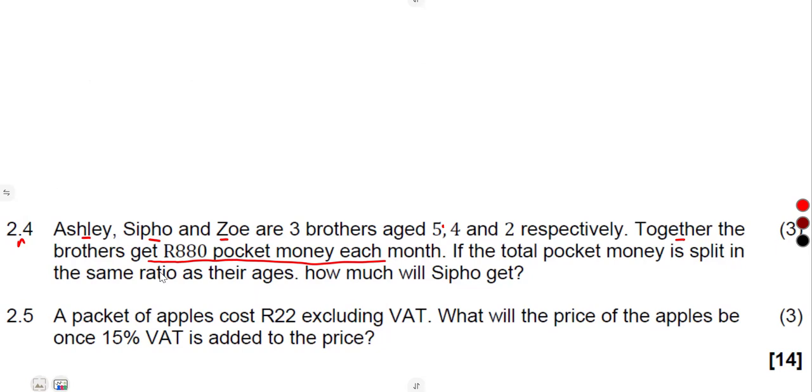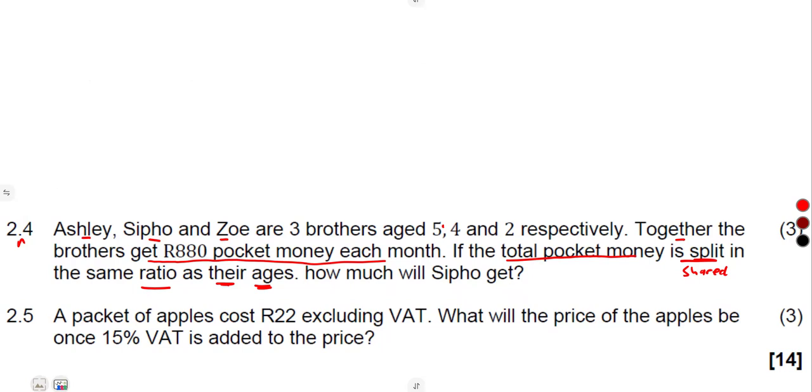This is the money that they are going to get each month. If the total pocket money is split, is being shared, in the same ratio as their ages, how much will Sipho get?